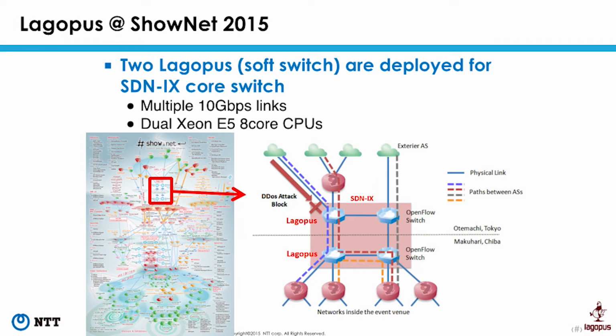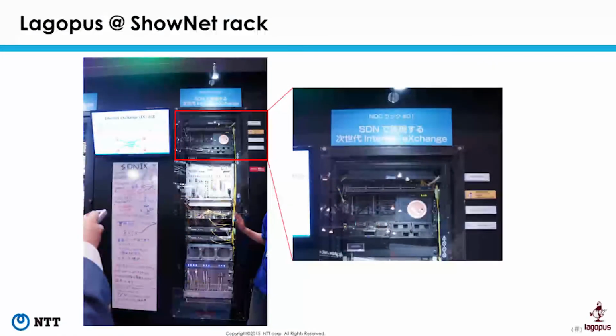In this demonstration, we use Ivy Bridge Core E5 8-core CPUs. And here, this is our Lagopus switch. There are 2 optical transport systems connected here.